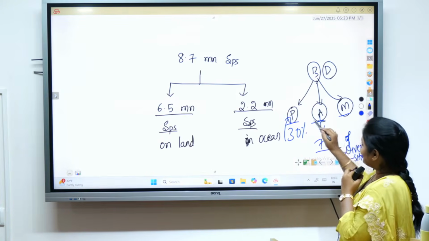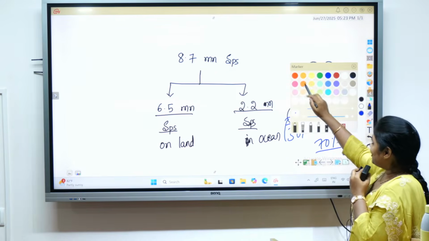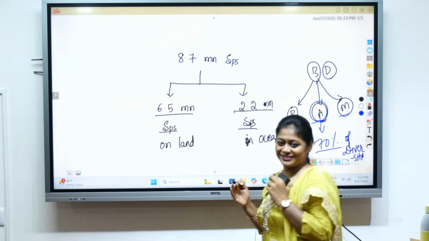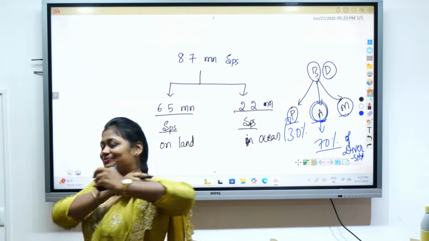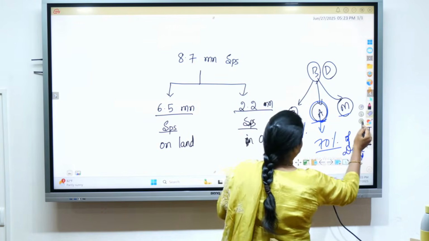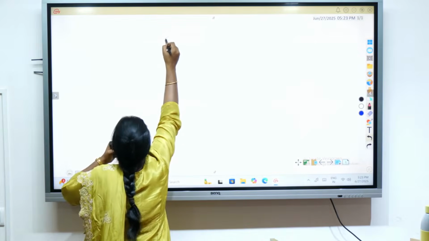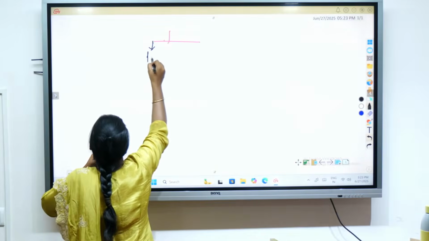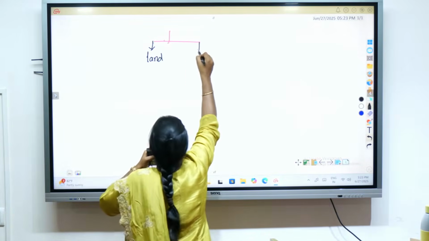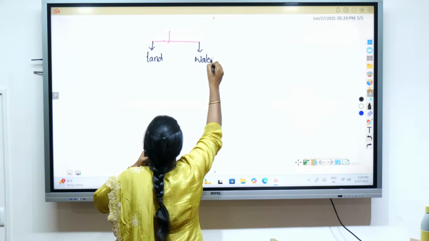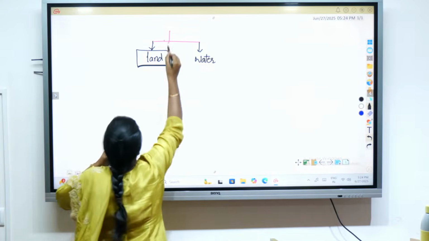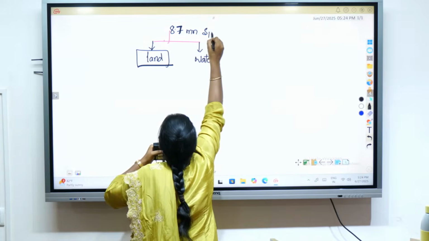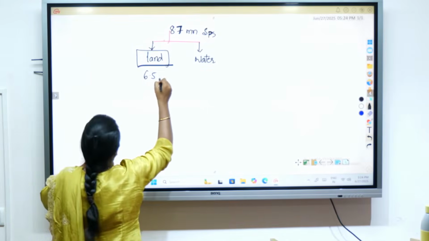And among animals, which category of animals constitutes the highest diversity? First, when you take land and water, land is having the highest diversity, 6.5 million species out of 8.7 million species on land.